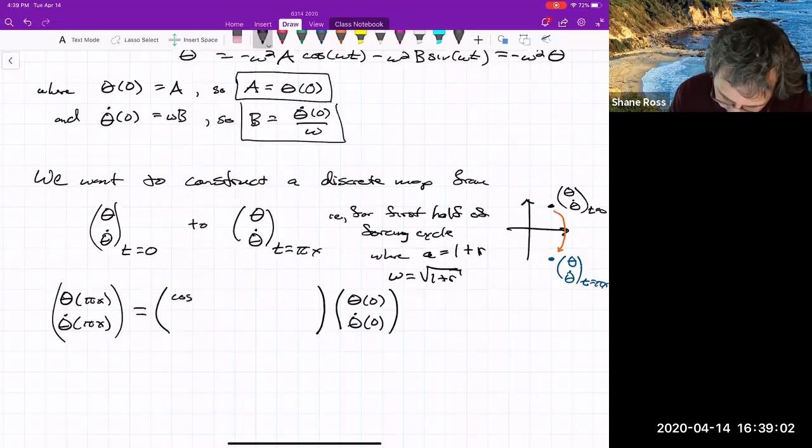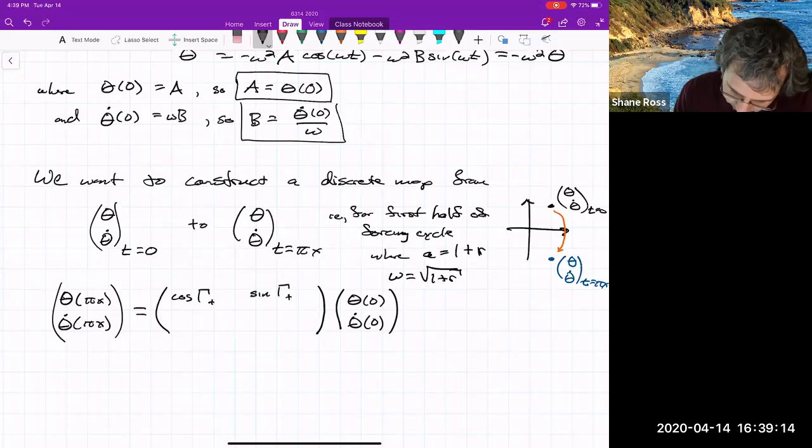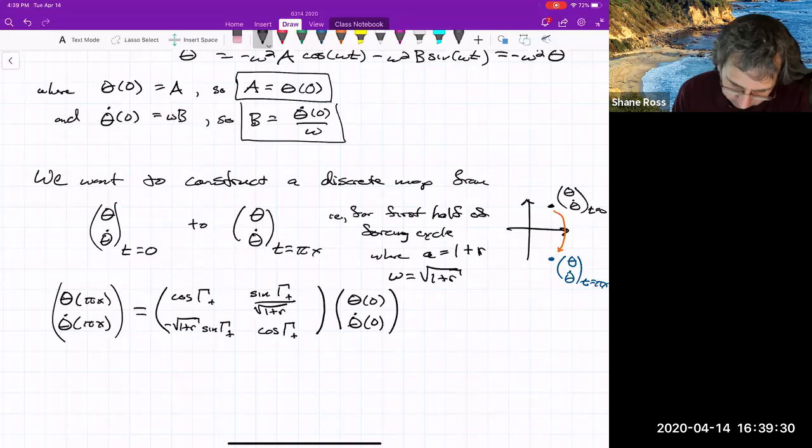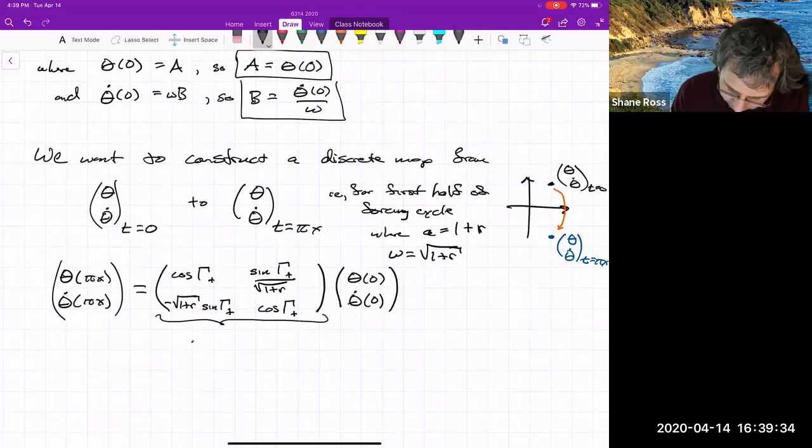And I'm going to write it this way: cosine, call this capital gamma plus, this is sine gamma plus divided by square root 1 plus r. This is cosine gamma plus, over here minus square root 1 plus r times sine gamma plus. I'll call this M plus.